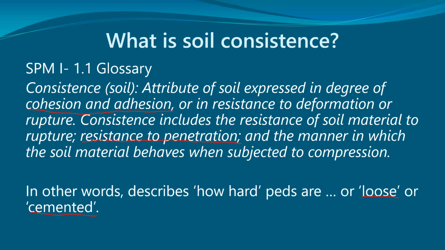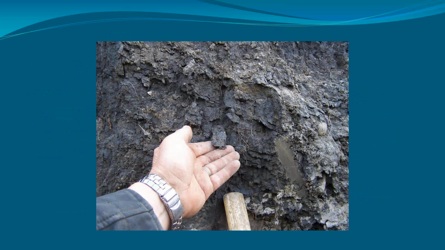A photo, hopefully, to illustrate the point. So this is a blocky PED at my fingertips. The structure type or shape then is blocky, probably subangular blocky. The grade, I would suggest at least, is strong. You know, in the test pit you can see these things super clearly.